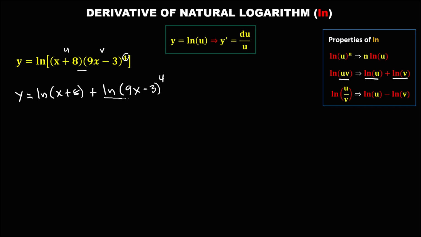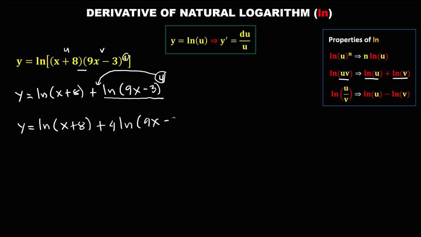Then we can use now the power property for this term. So we have y equals ln x plus 8, then plus, put this exponent 4 before ln. So this becomes 4 ln 9x minus 3. Then to find now the derivative, so y prime equals, so for this term, the derivative of x plus 8, this is 1.